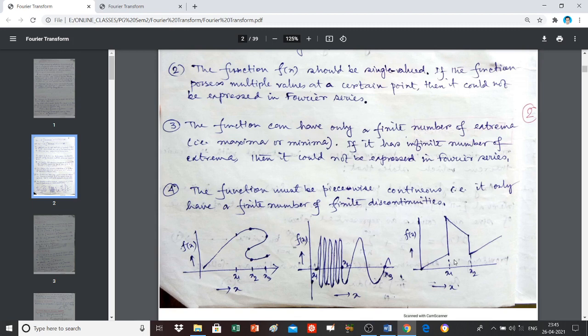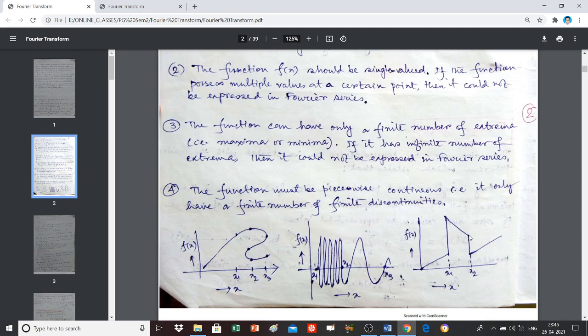See this figure here: from 0 to x1 the function is continuous, between x1 and x2 it is also continuous, and from x2 to x3 it is also continuous.